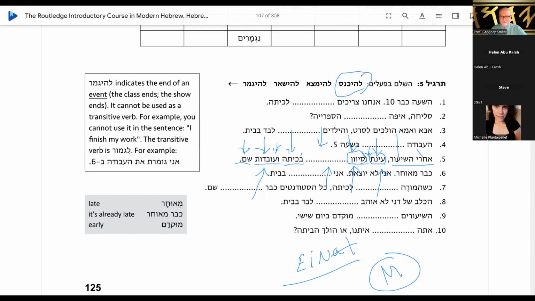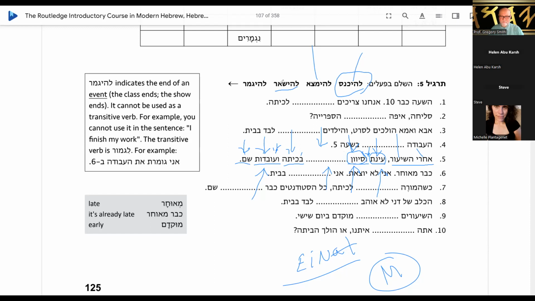So which one of these is stay? I think this lehikanes is to enter. Lehimatze has to do with like the locate one, I think. And let's see, lehisha'er. Yeah, there we go.